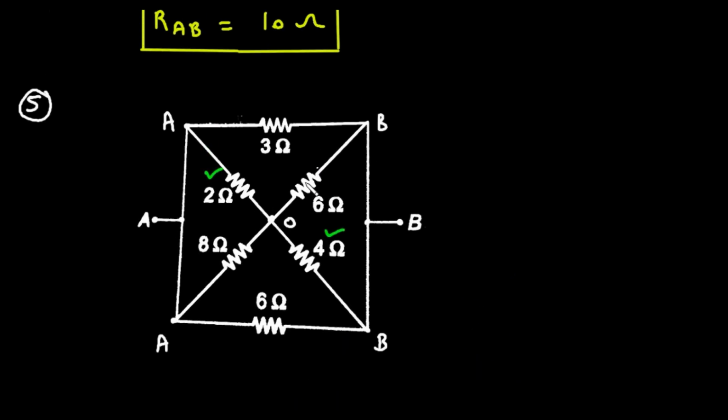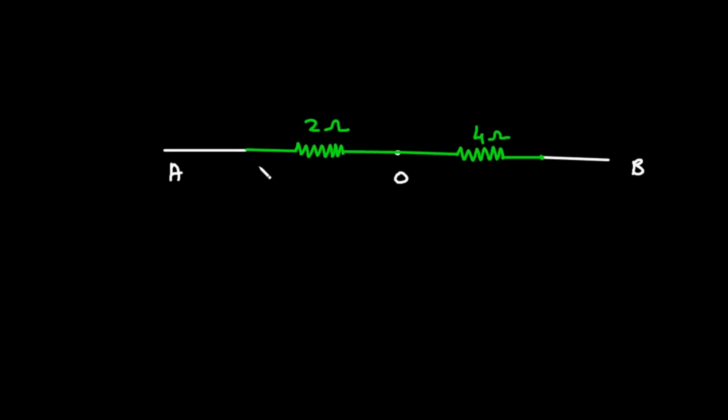Then first of all let's take the internal circuit. So again between terminal A and O, this is 8 ohm. So let's take this 8 ohm between A and O. Now this is 8 ohm.